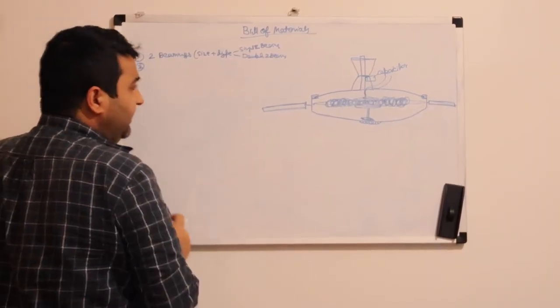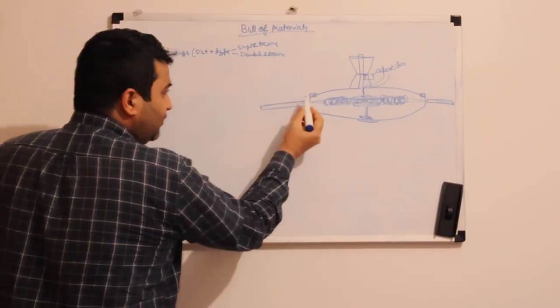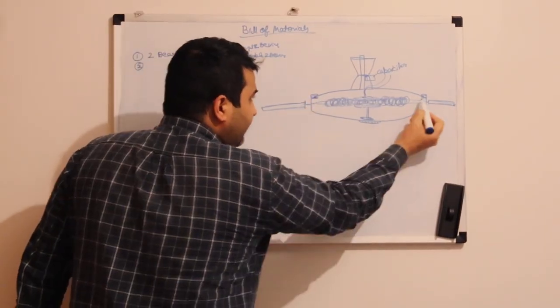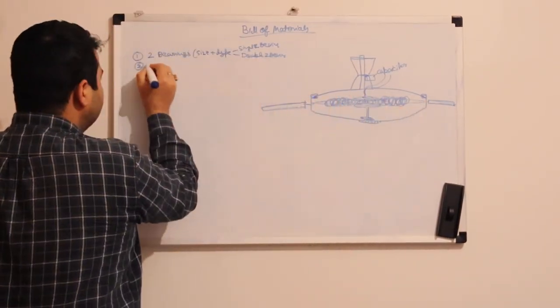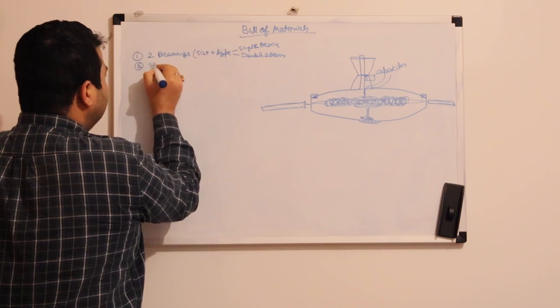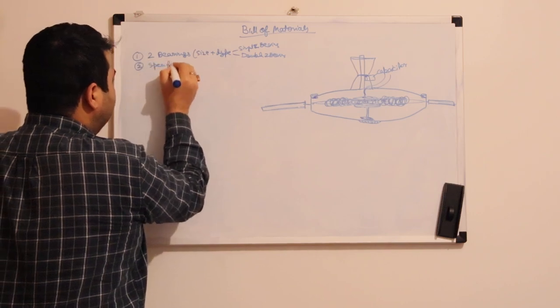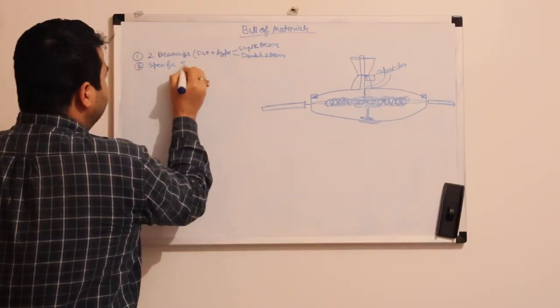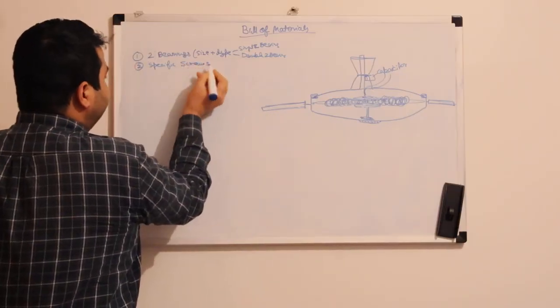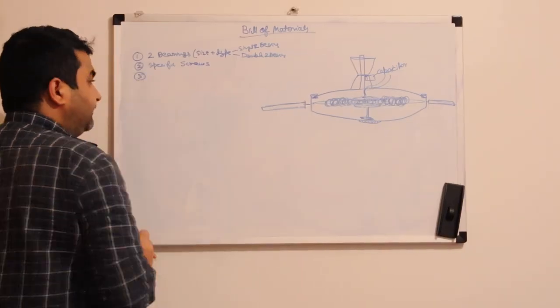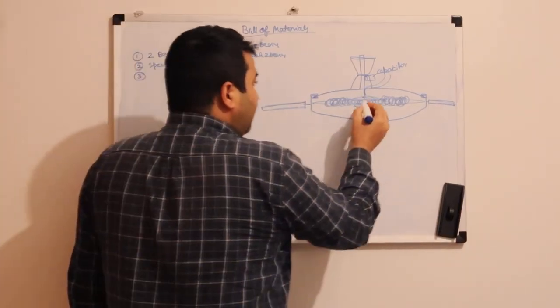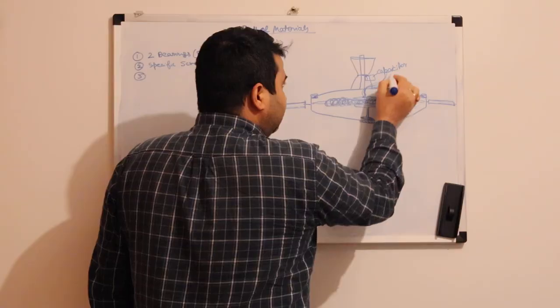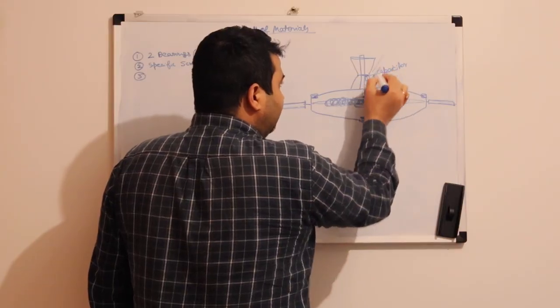Second point, we require bolts, screws, some specific size of screws, like 1 inch, half inch screws. Number 3, we require some copper wires to do the connection with the capacitor.